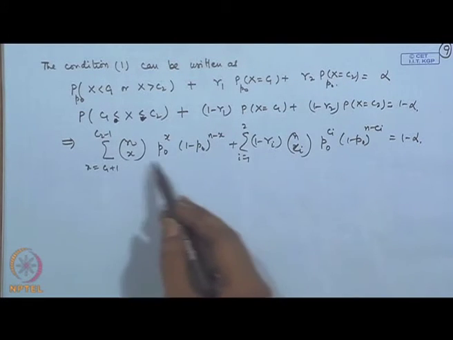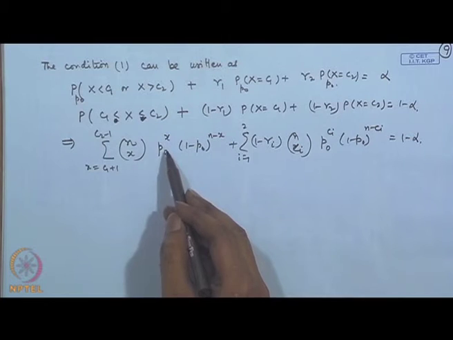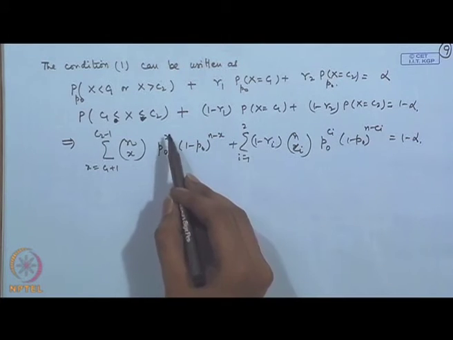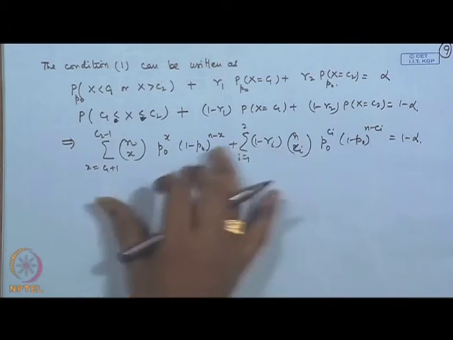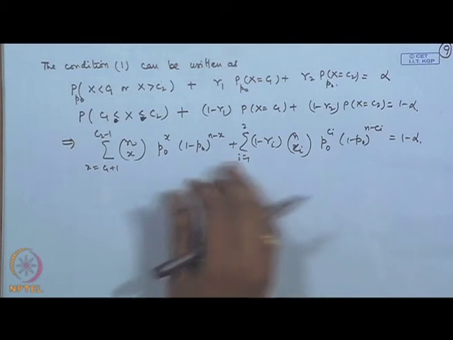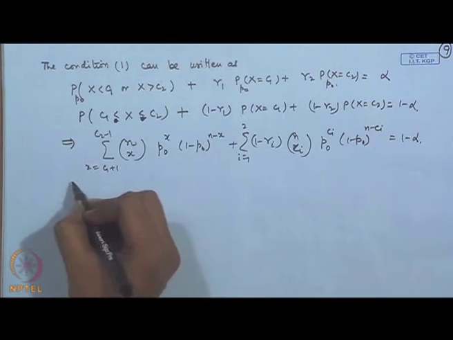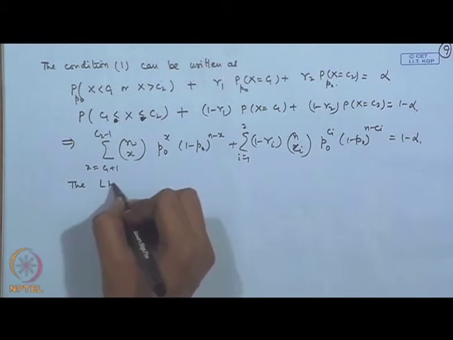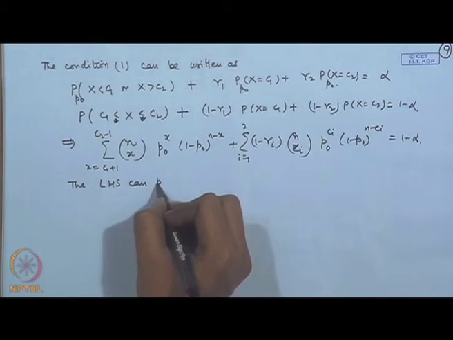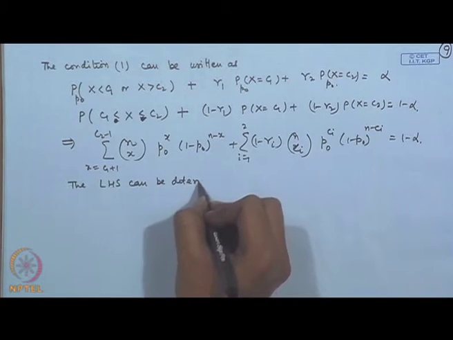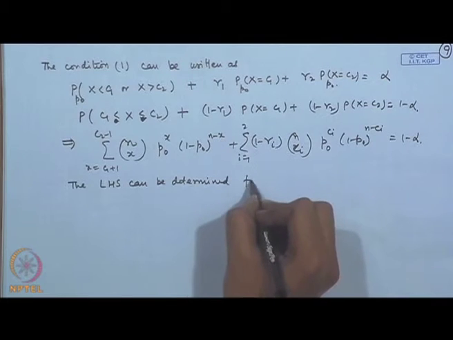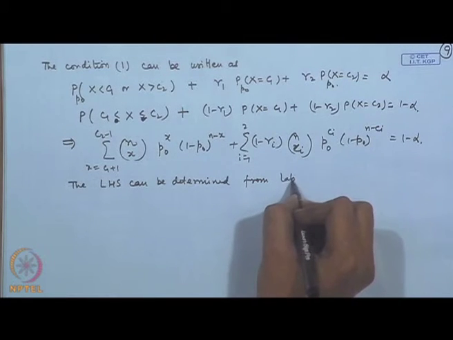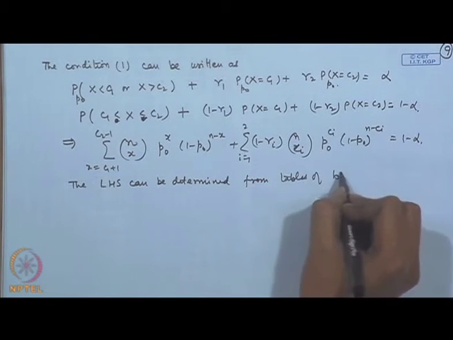Now, given the value of p naught and n, one can do certain interpolation and determine... So, the left hand side can be determined from tables of binomial distribution.